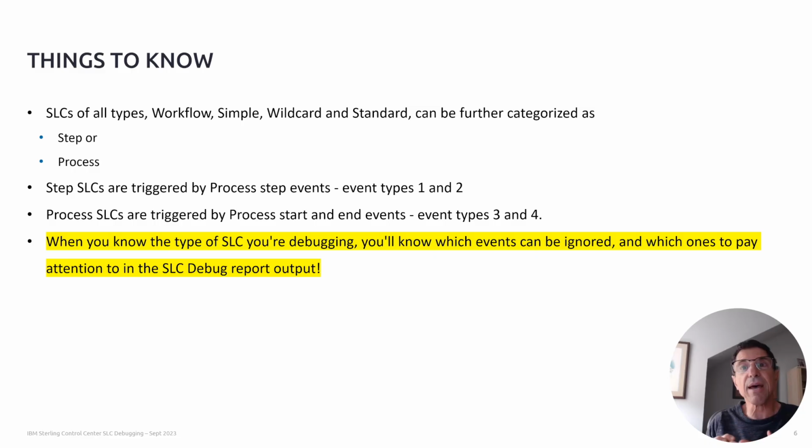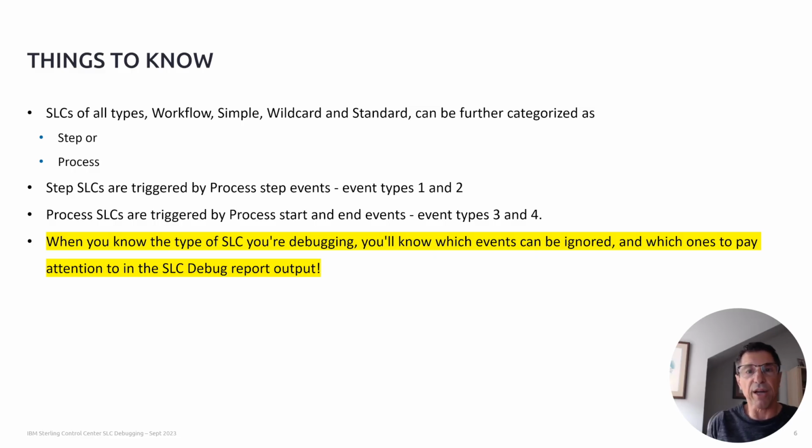Know that step milestones or SLCs are triggered by process step events, event types 1 and 2. Whereas process SLCs are triggered by process events, which are event types 3 and 4, the start and end events. And the reason you care about that is when you're debugging your SLCs, if you know you're dealing with a step SLC, you can only pay attention to the step kind of events, event types 1 and 2.